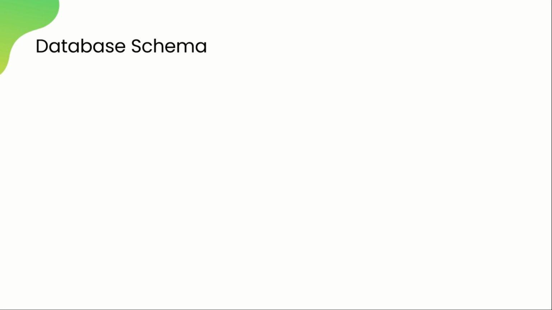When it comes to choosing our database, one of the things you have to keep in mind is the shape of the data and how the relationships are formed between them. In order to achieve this, we have to use a database schema that tells how we are going to structure our data and what the relationship between this data is.